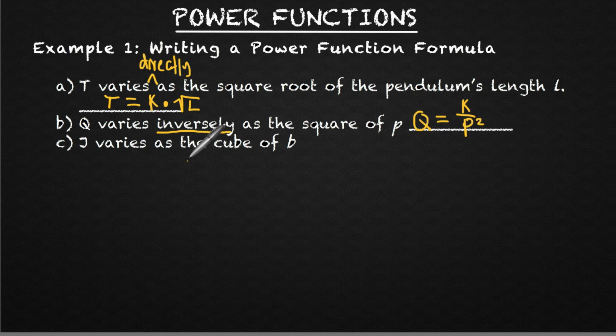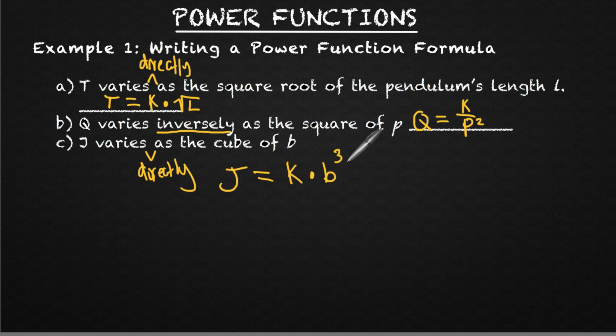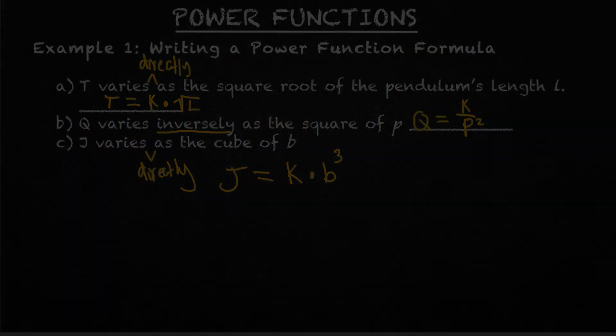Okay, let's do letter C. J varies directly because it doesn't say inversely. You'll assume it's directly. So it's going to be K times the cube of B, so B cubed. And that's all there is really to writing a power function formula.